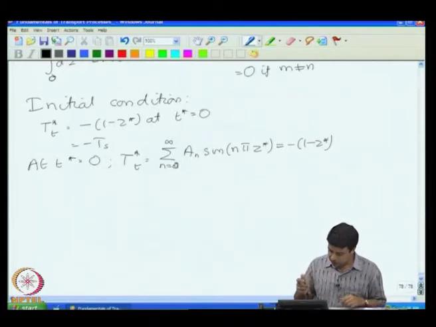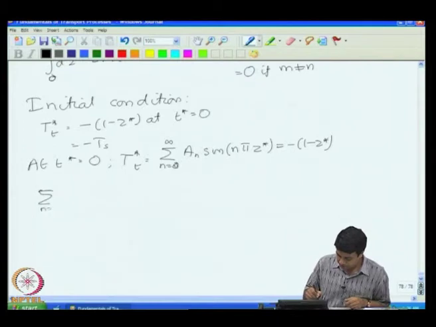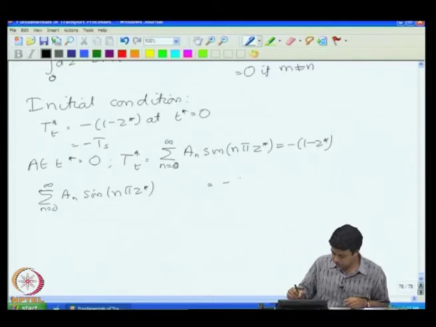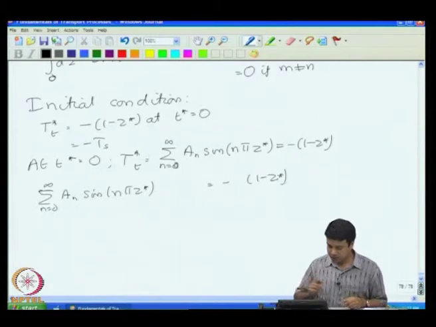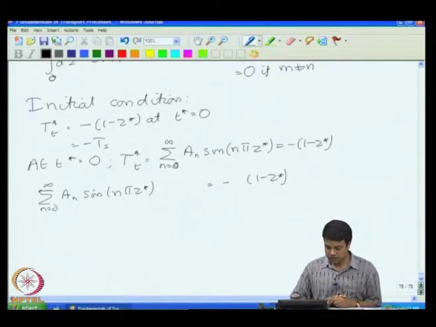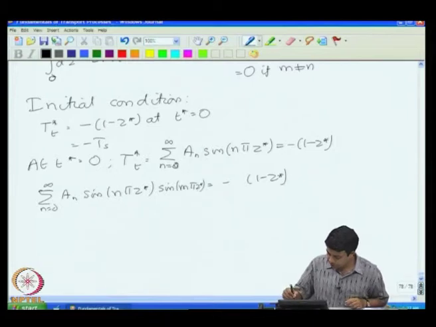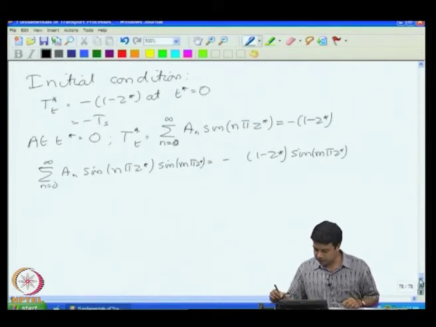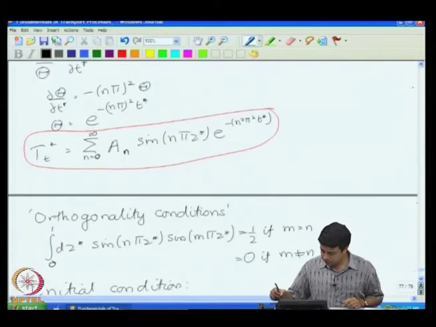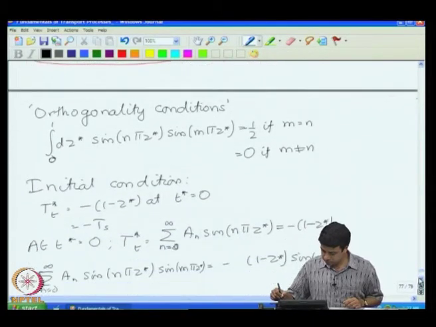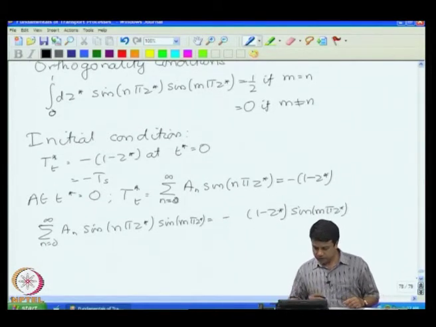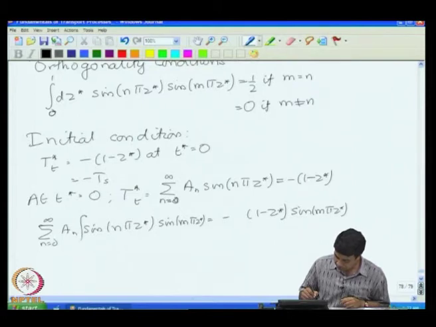So, this equation that I have, I take both the left and the right hand sides, multiplied by sine of m pi z, and then I integrate this from 0 to 1.